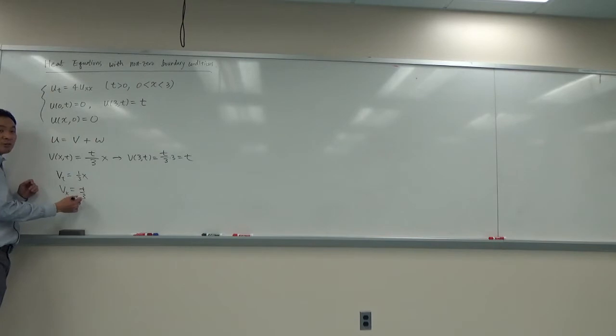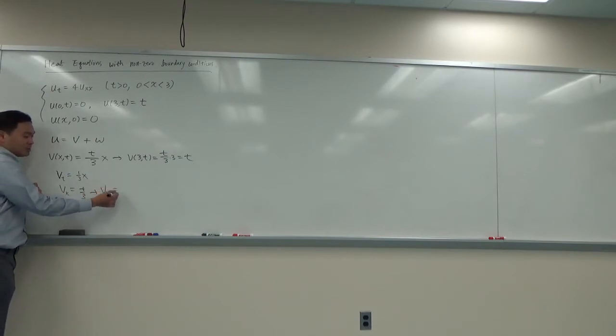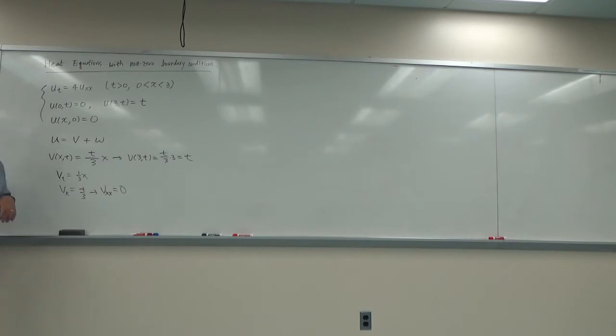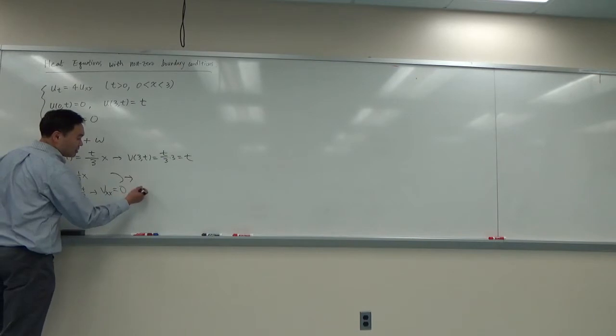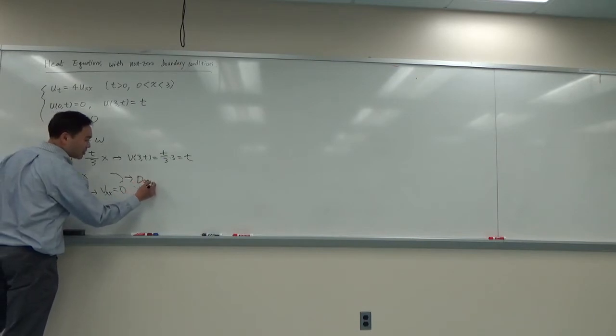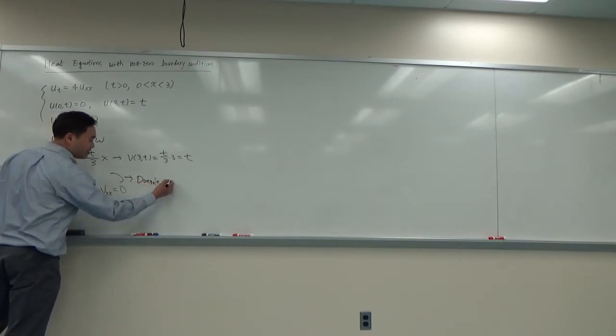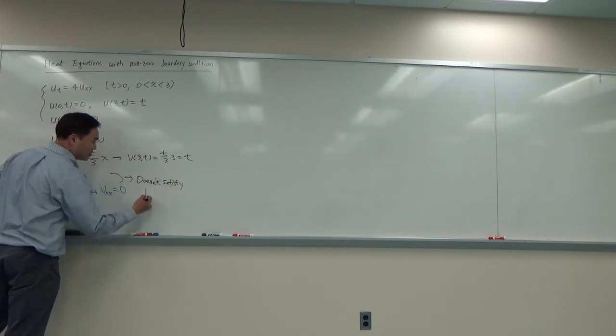And you differentiate this again by x, what do you get? You get 0. Is 1/3 x same as 4 times Vxx? No, it's not. It's different. So this is saying that it doesn't satisfy the heat equation.